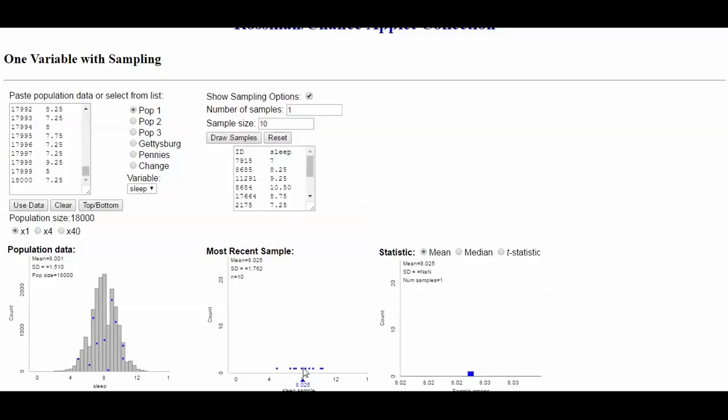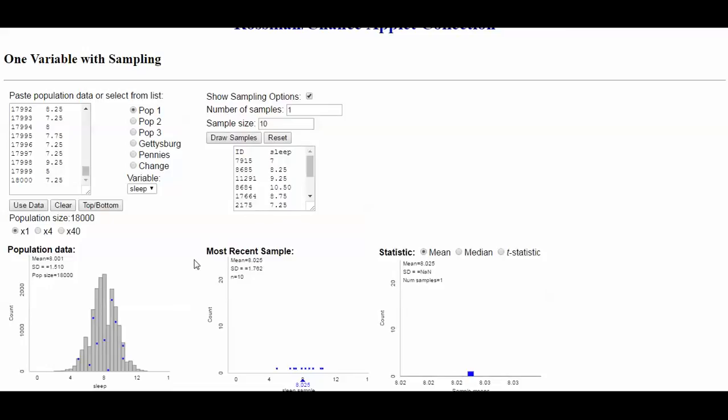The sample mean is at the center of the 10 people in the sample, which makes sense. Over here, we can see the sample mean of 8.025 plotted as a single block above this number line. So this is just one block in the sampling distribution of all possible samples of 10 people that could be selected from this population.